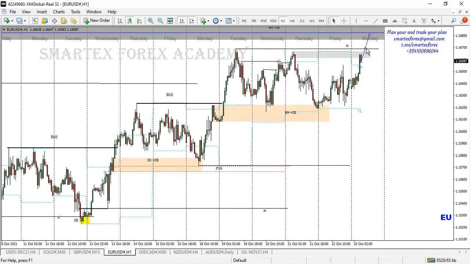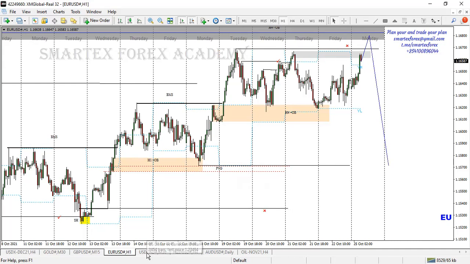If you remember last week's analysis, we said that there is this high here that needs to be taken out, and there is an OB here that needs to be mitigated before we resume the downtrend to mitigate these lower zones. So that's what we expect in euro dollar.